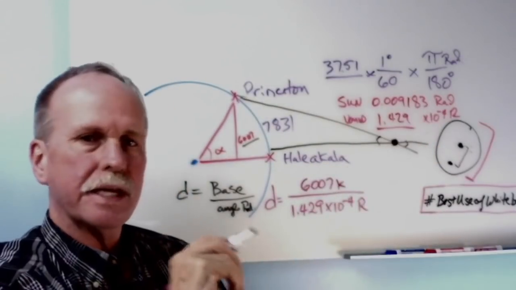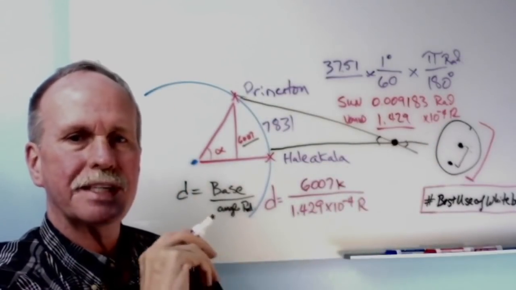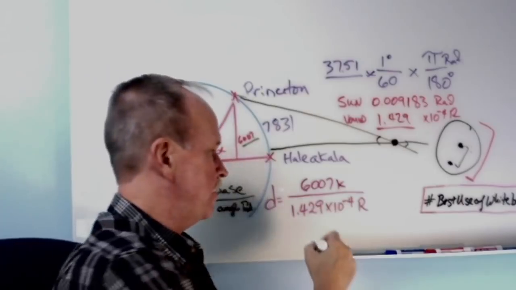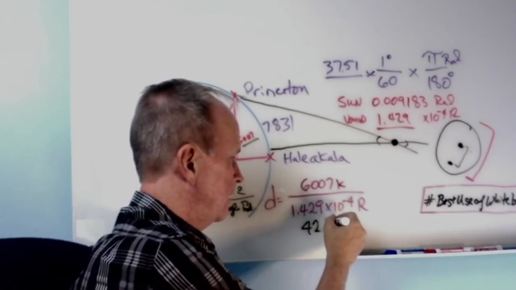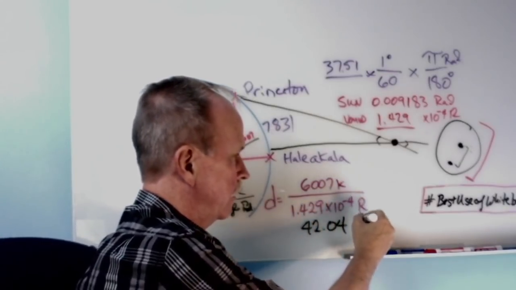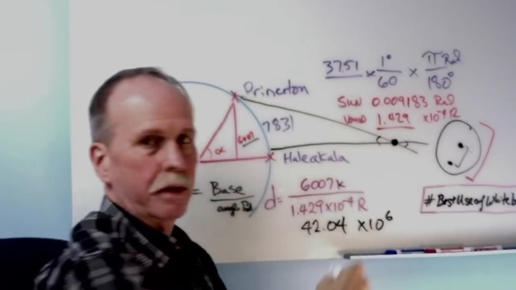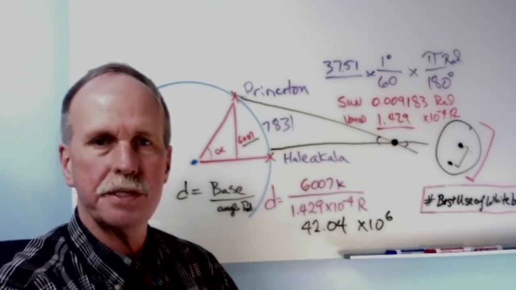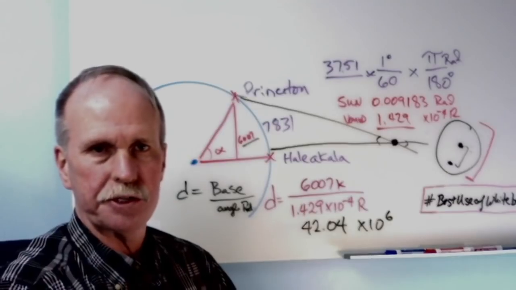Now by doing that simple division, we come up with the distance between Earth and Venus, and that would be 42.04 times 10 to the 6 kilometers. So that's 42.04 million kilometers.